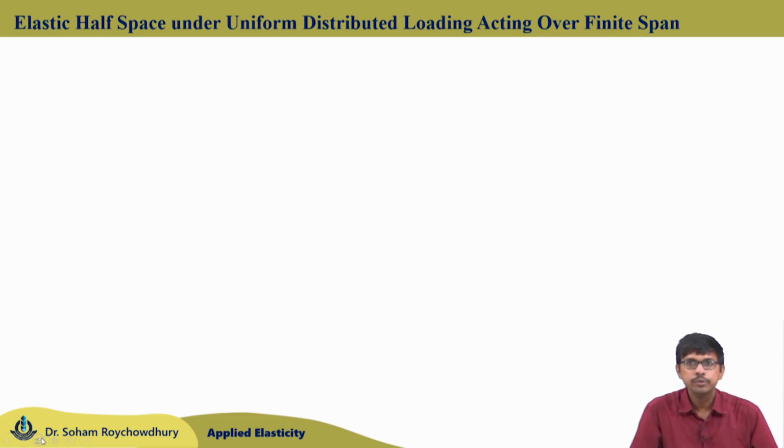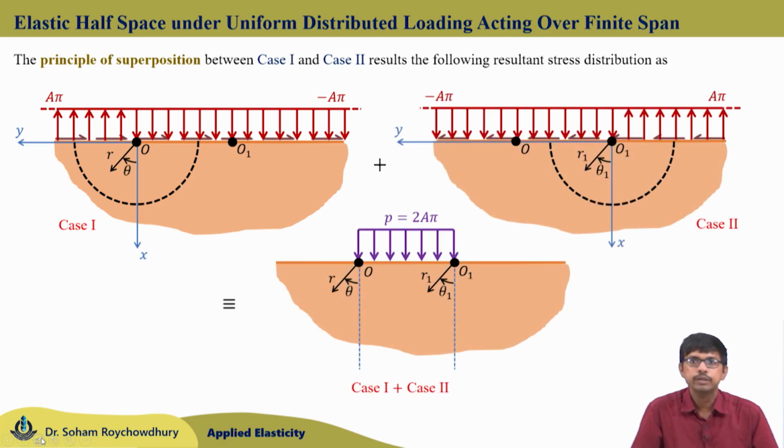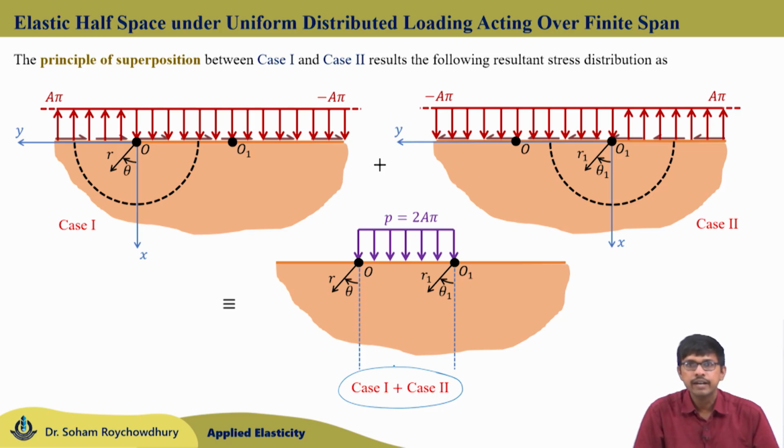So, if you pictorially represent this principle of linear superposition between case 1 and case 2 type of loading, that would result in a stress distribution shown here, where between O2 O1 on this finite span a uniform normal load of intensity 2 A pi would be acting, and the region left to point O and region right to point O1 would be free of any normal load.